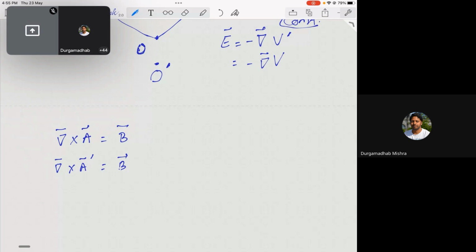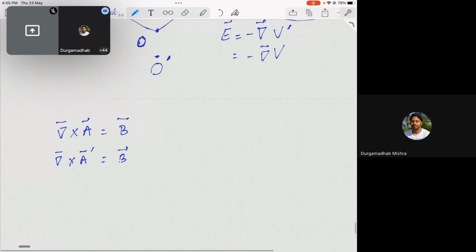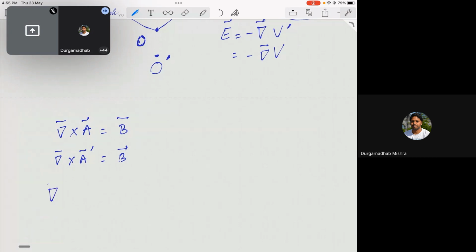Now let's take the curl, but we know that del dot B is 0. Oh, sorry. Let's calculate the curl of this.